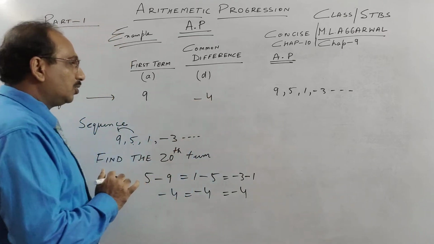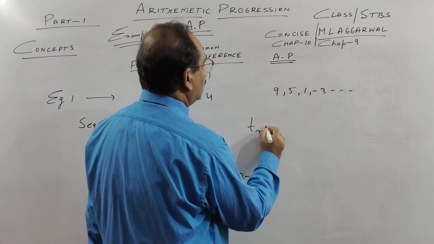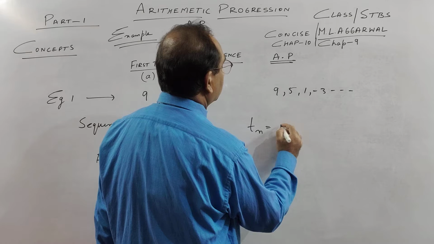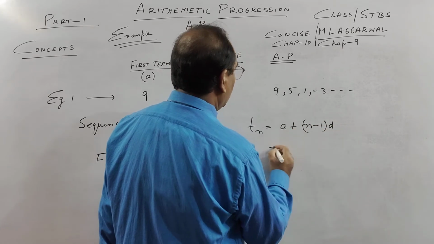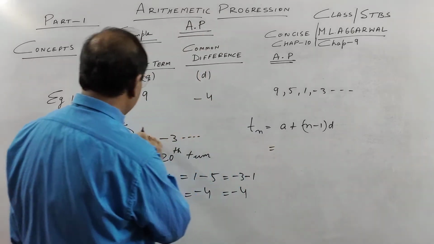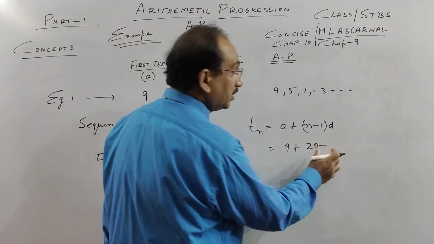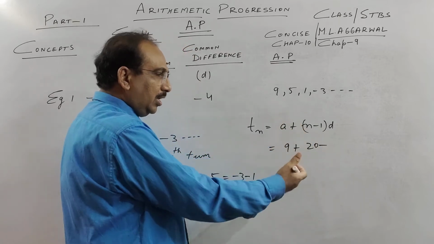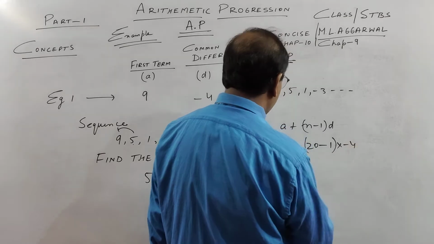So we know we have to find the 20th term. In the last discussion I showed you, the nth term is a plus n minus 1 d. Okay, so here a is 9, n is the 20th term, so this will be 19d. You see, 1 less. Okay, so d will be only 19 times, and d is minus 4.